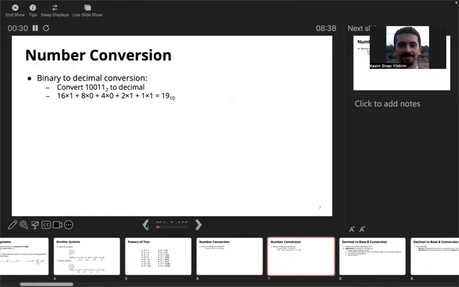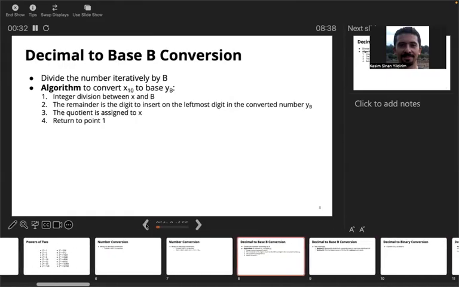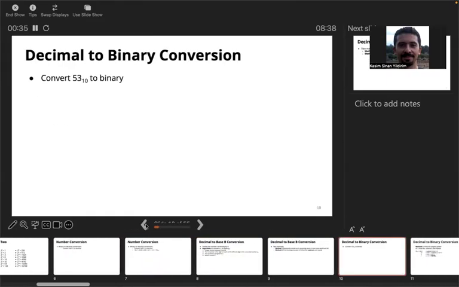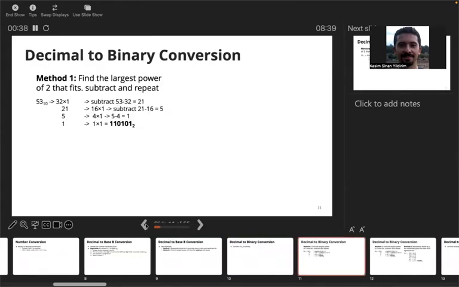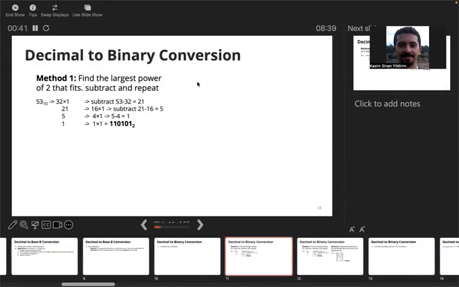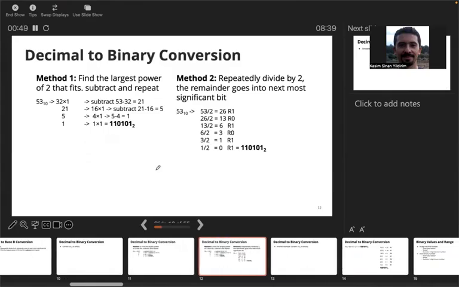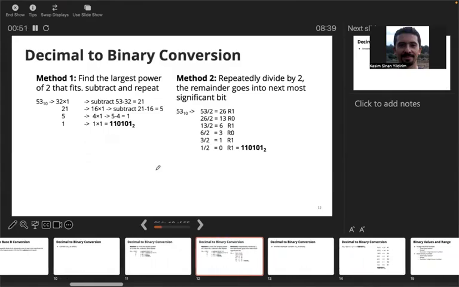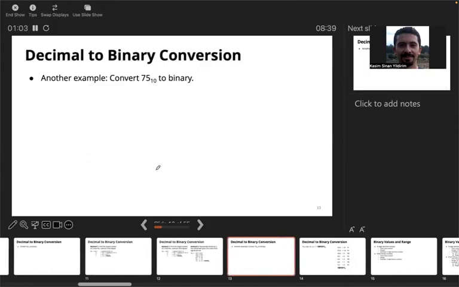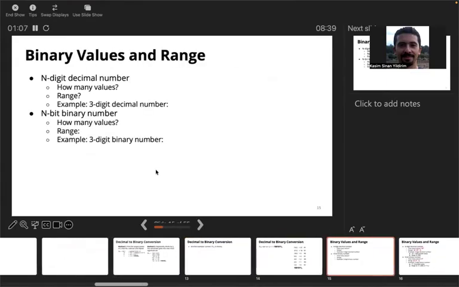I demonstrated two algorithms to convert a decimal number to binary. We can perform continuous subtraction and also continuous division to do the conversion. You are familiar with those conversions, I assume, right?